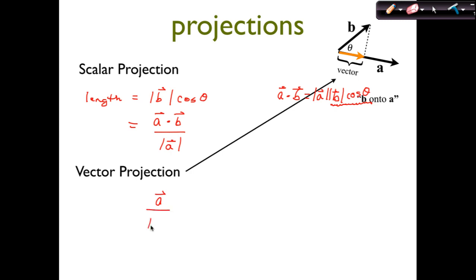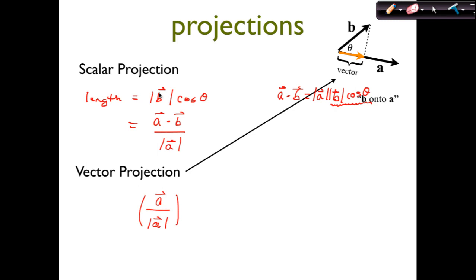Okay. So what is this first of all? That would be the unit vector in the direction of A, and then times the magnitude of vector B. Or wait. How much do we want to scale it by? What would it be? B cosine theta, or the magnitude of B cosine theta.